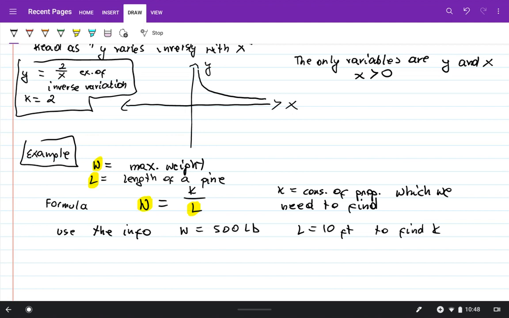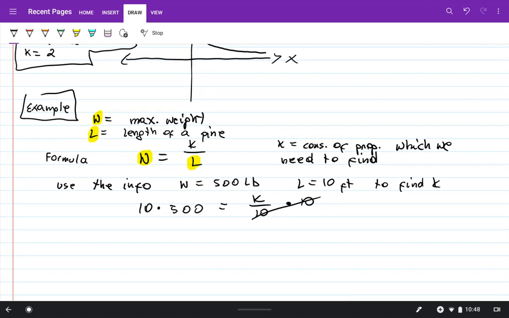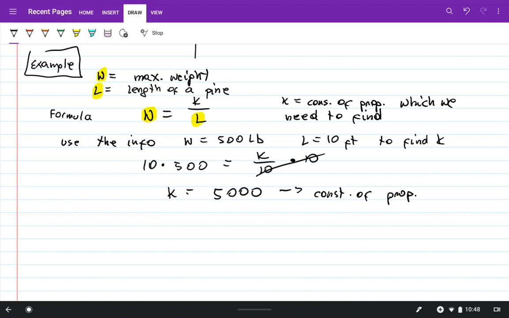Okay, so let's replace. We have 500 equals the constant divided by 10. We're going to solve for k. How are you going to solve it? Just multiply both sides of the equation by 10, because that will cancel, and that will give you k equals 5,000. So this is our constant of proportionality. Remember, with those types of problems, you always start by finding the constant of proportionality.